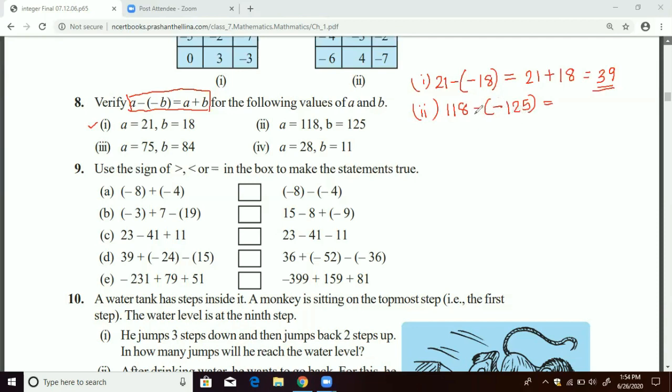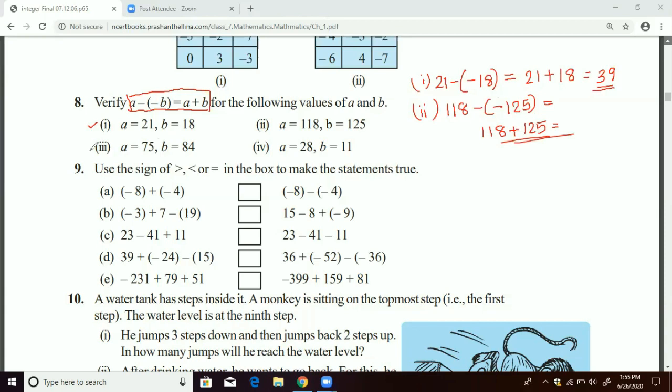That means subtraction is replaced with the addition of the additive inverse. The number to be subtracted is changed to its additive inverse: the additive inverse of negative 125 is positive 125. Then we can add as usual.